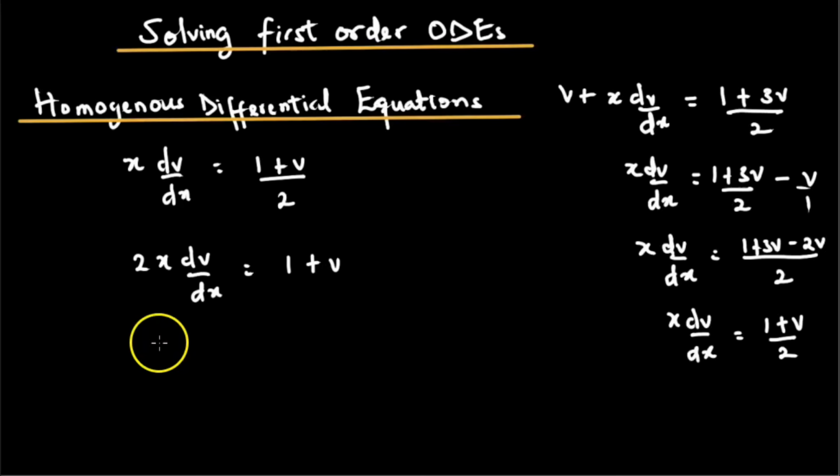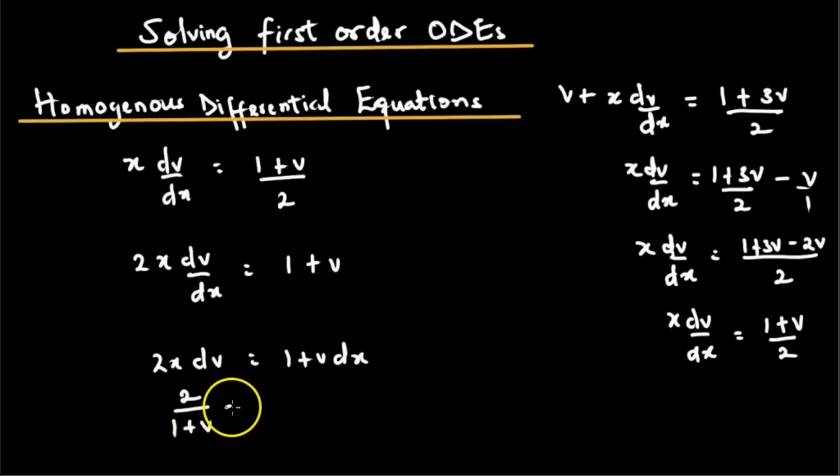I can have 2x dv equals 1 plus v dx, but I want x and dx to be together and v and dv to be together. So let me rearrange. I'm going to have 2 over 1 plus v dv equals 1 over x dx.